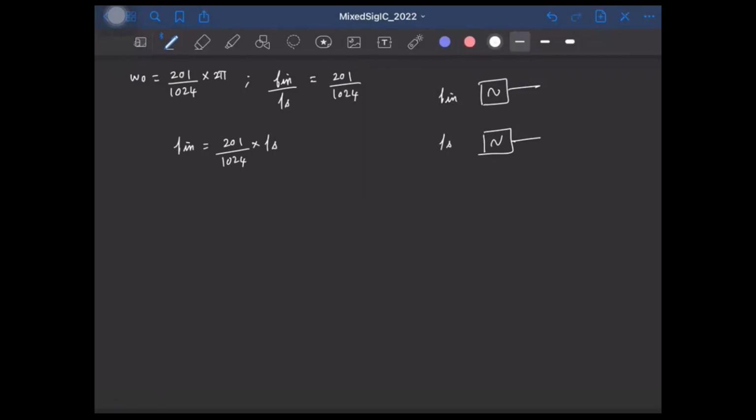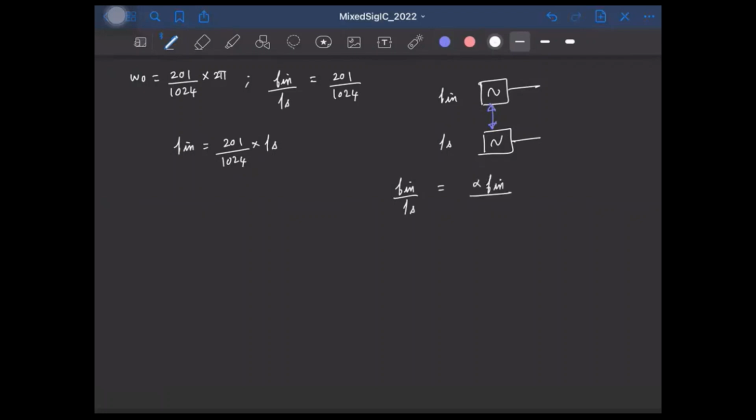Okay. So what do we have to do? We need to make sure that these two sources are synced somehow, right? So in practice, we can sync these two sources, so that we can maintain the ratio Fin by Fs to be constant. It might so happen that in practice the frequency of one source might change to, say, alpha times Fin, right?